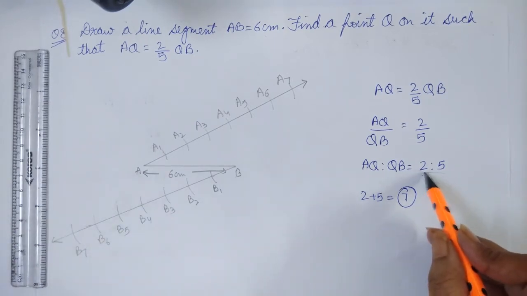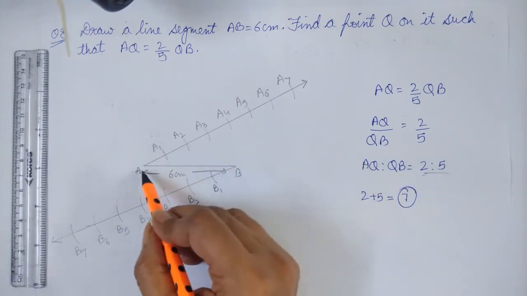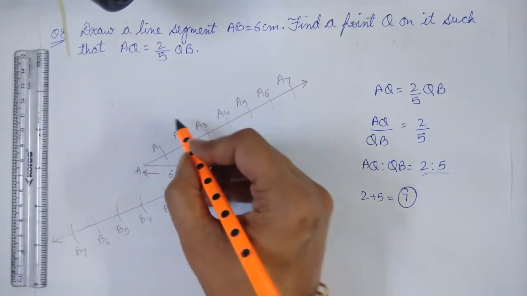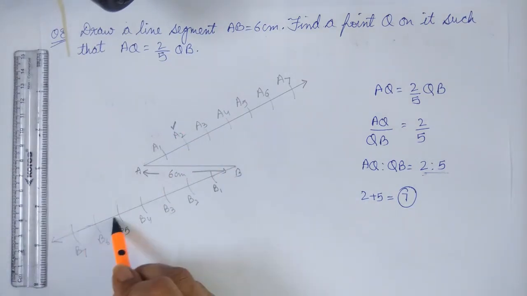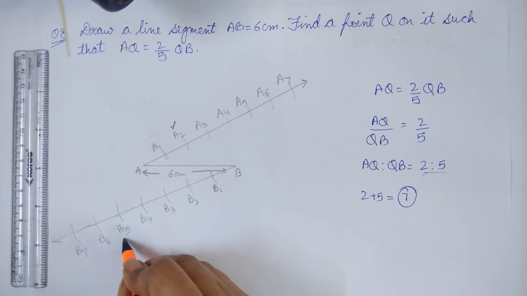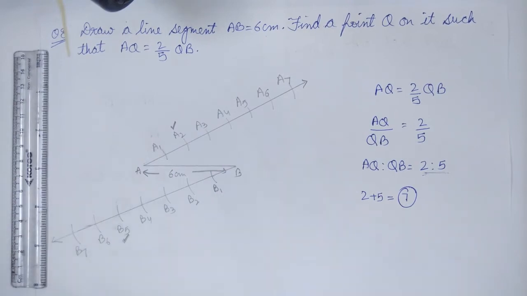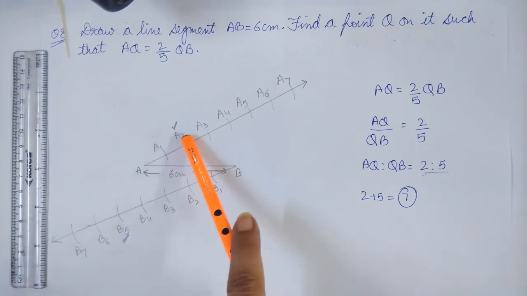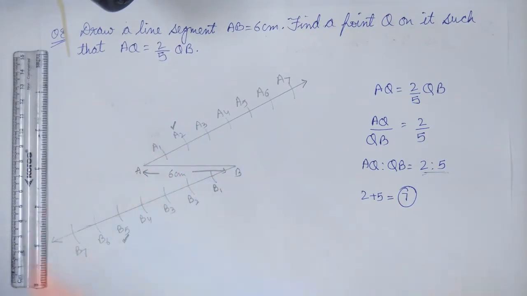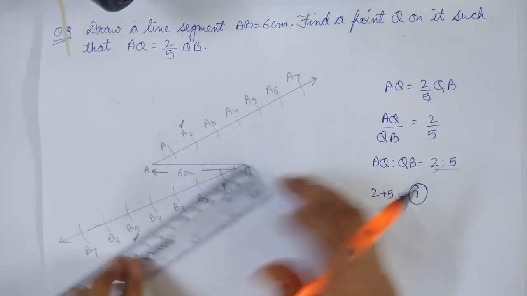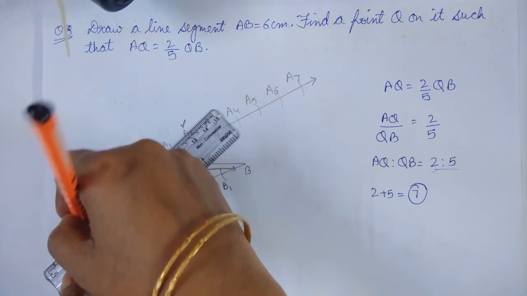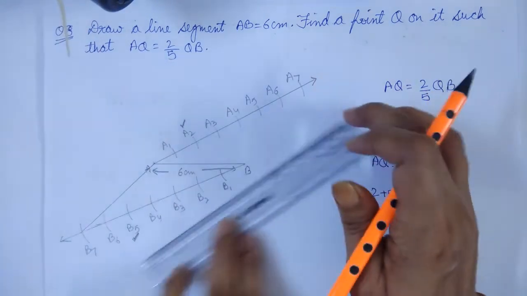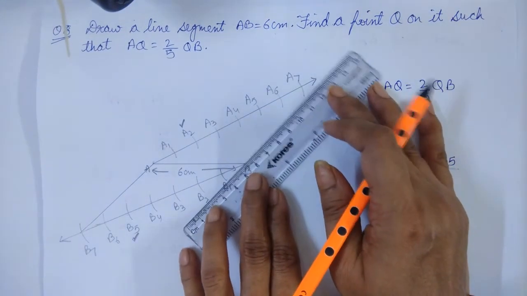Now the question is 2:5. So what will you do? From the top you take the 2nd division, and from here you will take the 5th division. Okay, 2:5. So you will mark where 2 is written and where 5 is written, and before that you will join A with the last arc and B with the last arc.